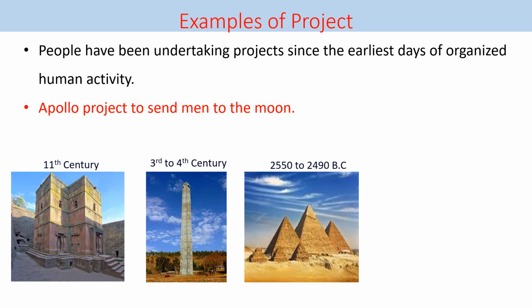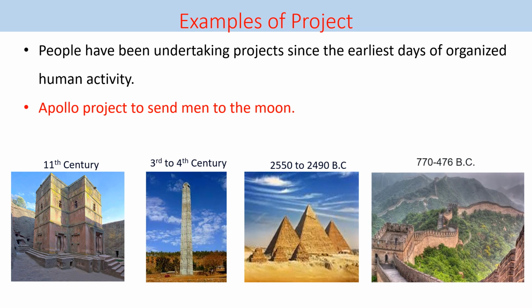which was constructed before Christ during 2550 to 2490. Look, this is almost 5,000 or 4,000 years ago. And the other is the Chinese Great Wall, which was also constructed during 770 to 476 before Christ.